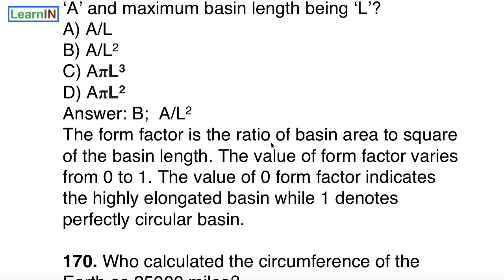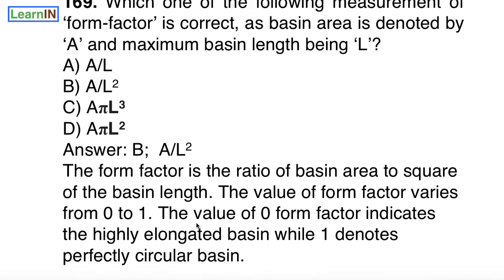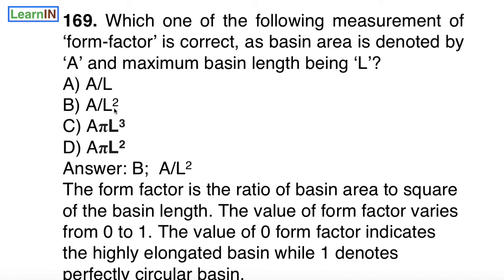The form factor is the ratio of basin area to the square of basin length. The value of form factor varies from 0 to 1. A value of 0 indicates a highly elongated basin, while 1 denotes a perfectly circular basin. So just remember the formula A upon L square is the measurement for form factor.